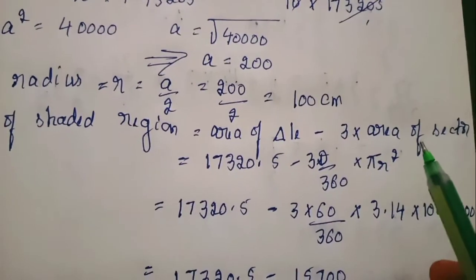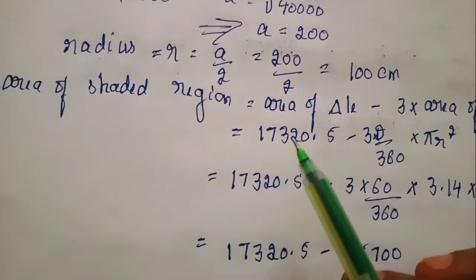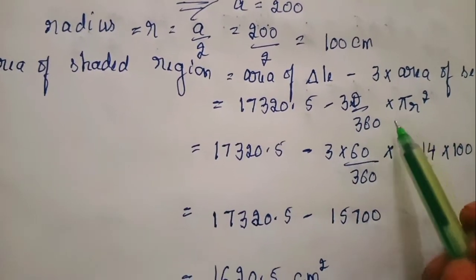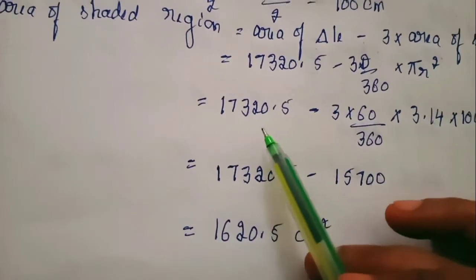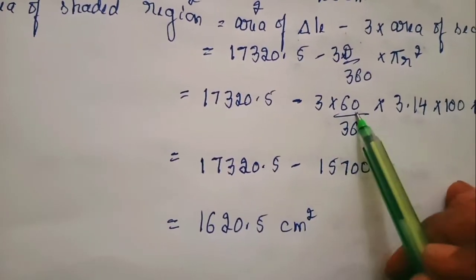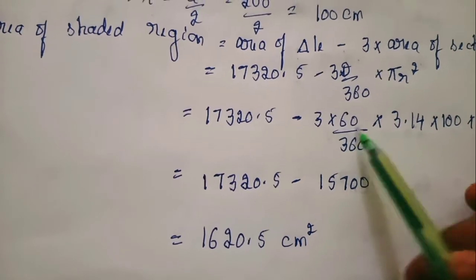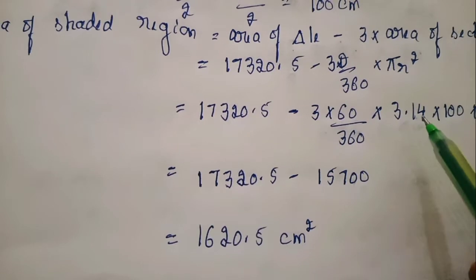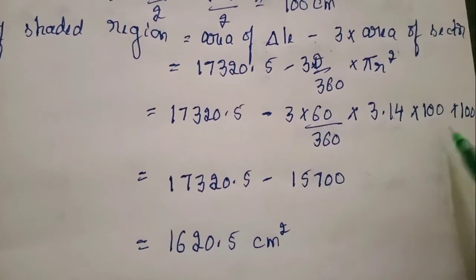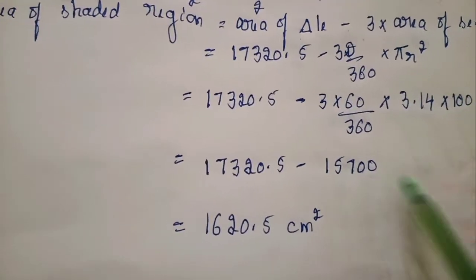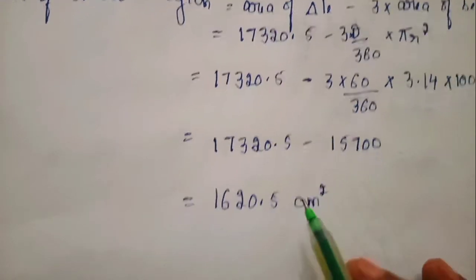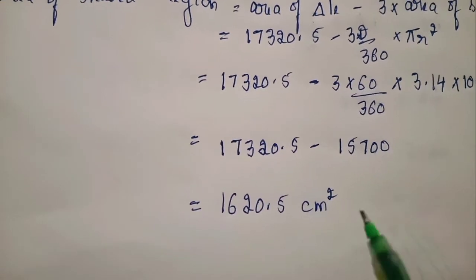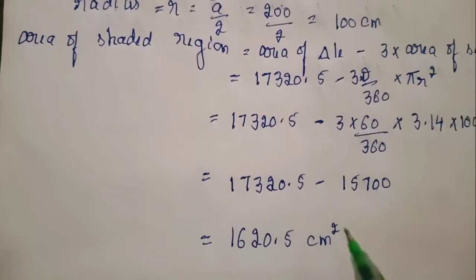So 3 into the area of a sector. The area of the triangle is already given, as it is, minus 3 into theta by 360 into pi r square. So this is as it is, minus 3 into theta, which is 60 because it is an equilateral triangle, by 360, and the pi value is given in the question. So write 3.14 into 100, which is the radius, and again 100. After simplification and subtraction we get 1620.5 centimeter square.